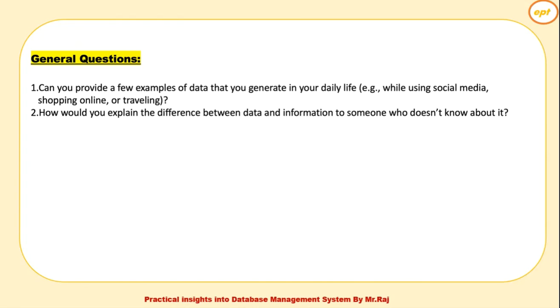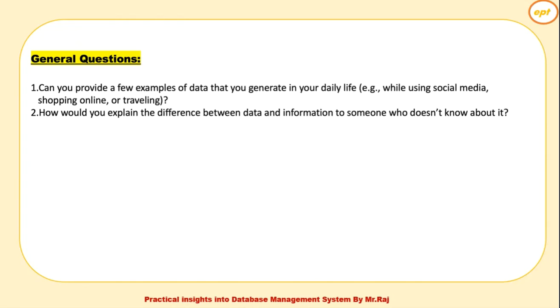We'll move to the next question. How do you explain the difference between data and information to someone who doesn't know about it? If a non-computer science student comes and asks you what is data and what is information, what is the difference between them? What do you say?